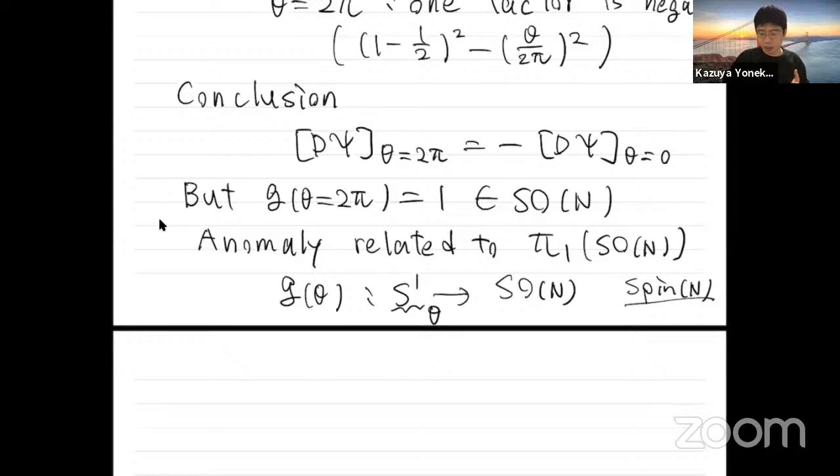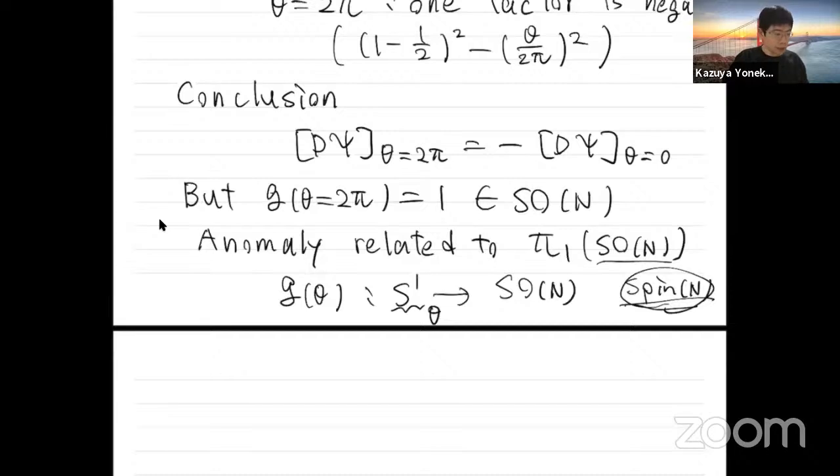So if we use this symmetry group, then there is no anomaly. So we can interpret either that the theory has this ON symmetry, which is anomalous, or we can interpret that the theory has a spin n symmetry, which has no anomaly.